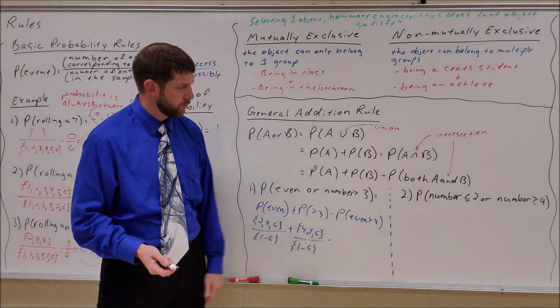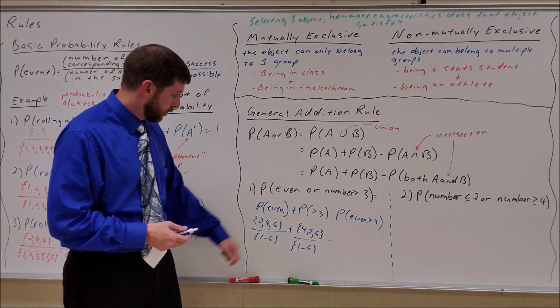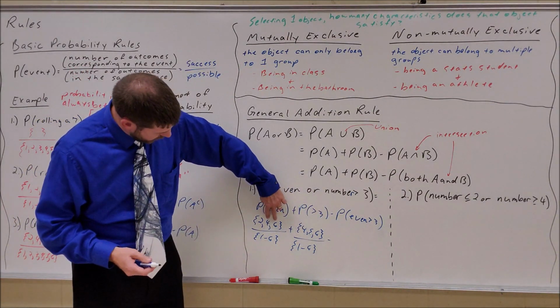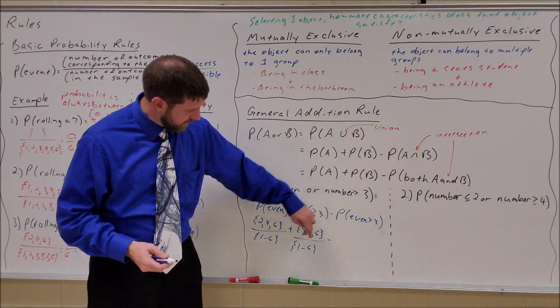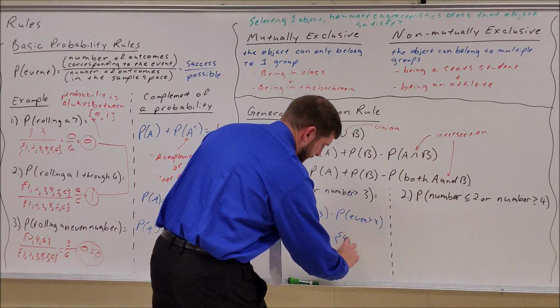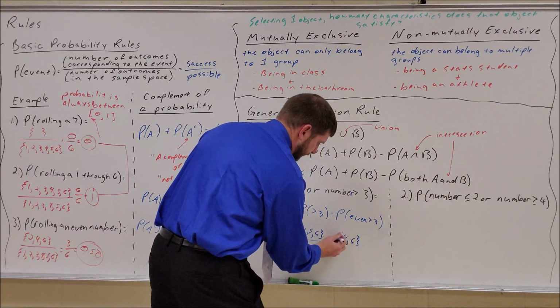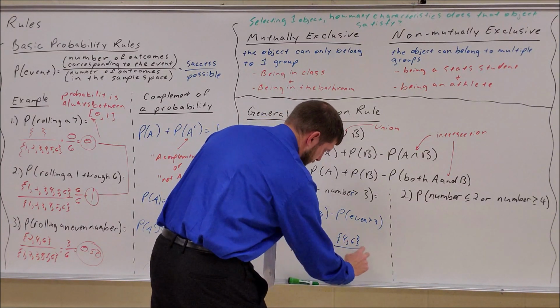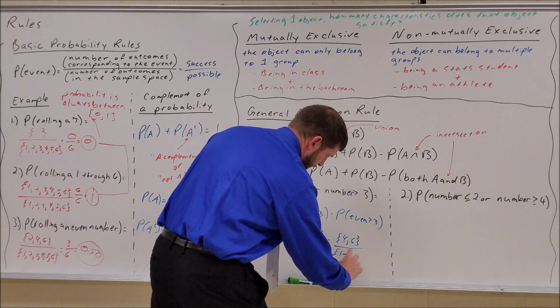How many even numbers were greater than 3? Well, 4 and 6. So see how 4 and 6 got counted here and here. I'm just going to subtract out the extra time they got counted. So subtract the 4 and 6 out of all possible.